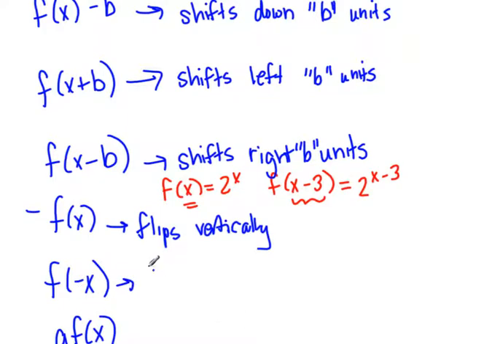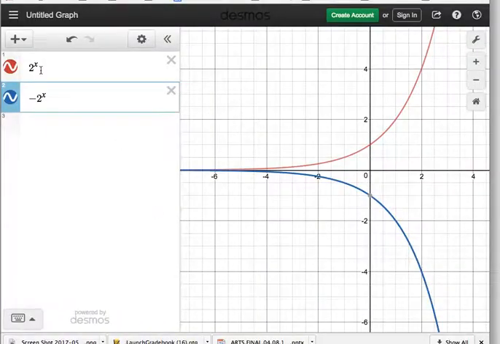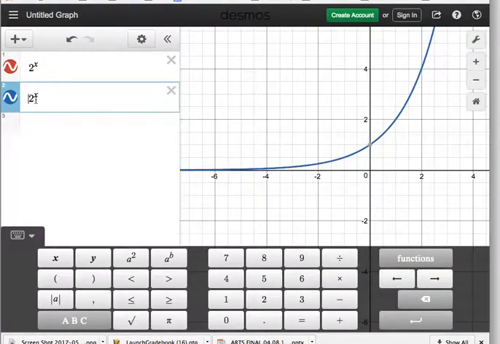If you put a negative with the x, it flips horizontally, across the y-axis.